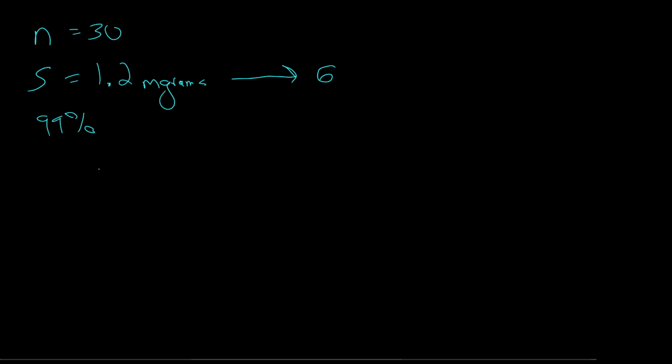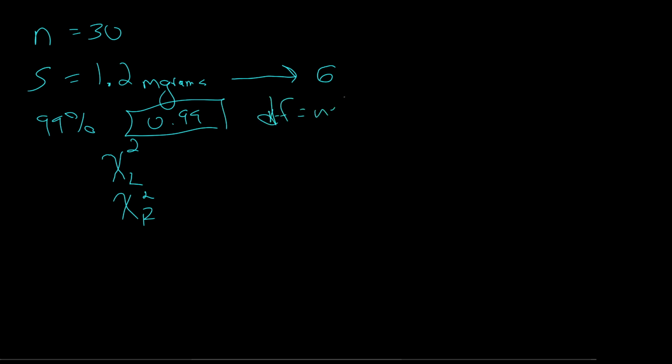To do that, we need to find our chi left squared and our chi right squared at 0.99, with degrees of freedom always n minus 1, or 29 degrees of freedom.